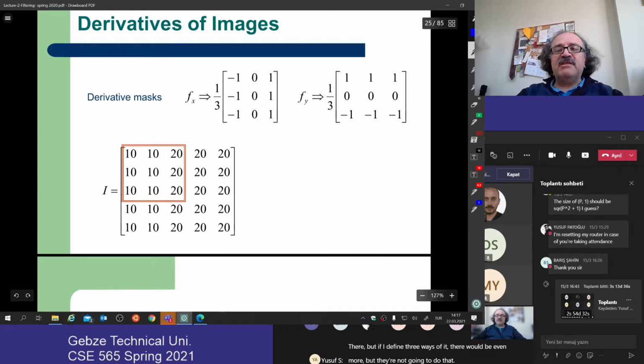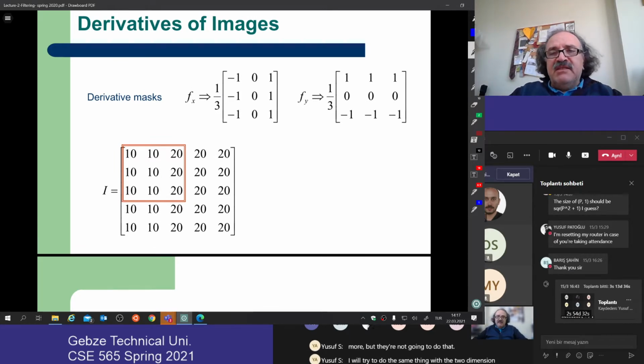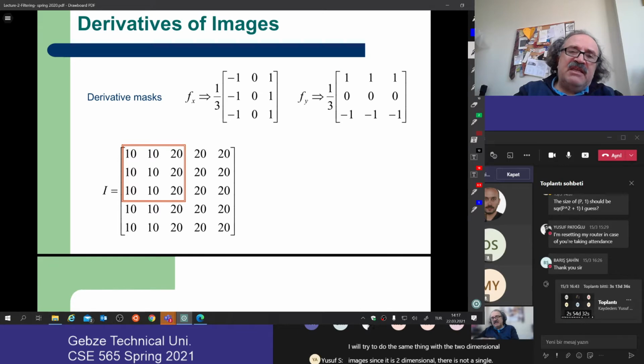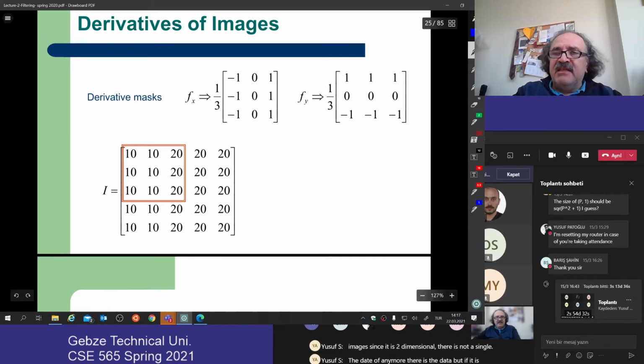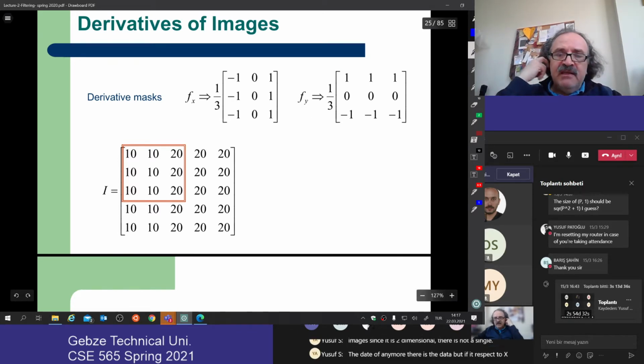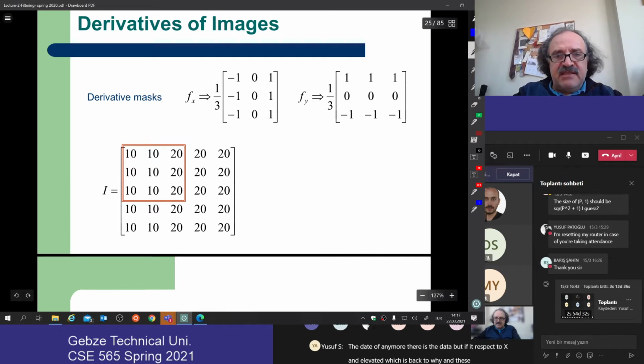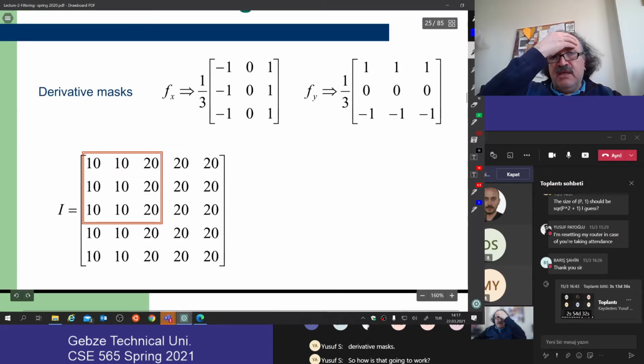I will try to do the same thing with the two-dimensional images. Since it is two-dimensional, there is not a single derivative anymore. There is the derivative with respect to x and derivative with respect to y, and these are the derivative masks. So how is that going to work? It's going to work like this.